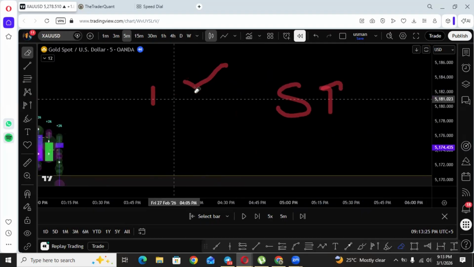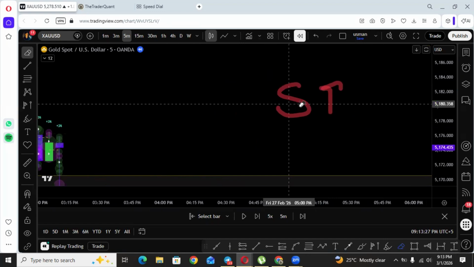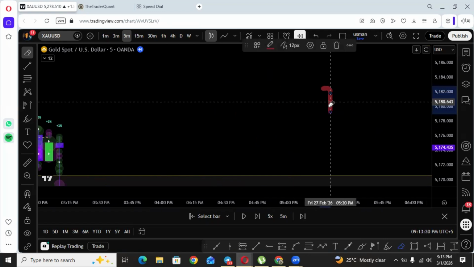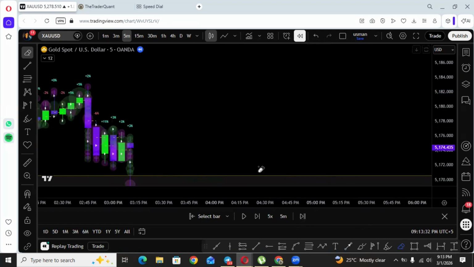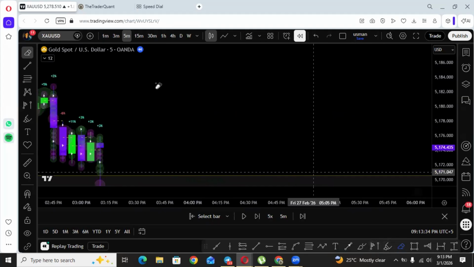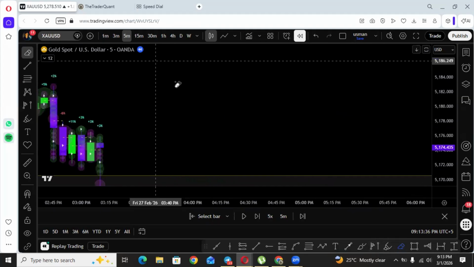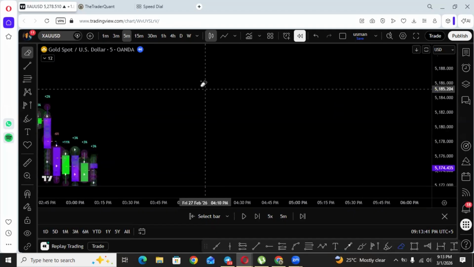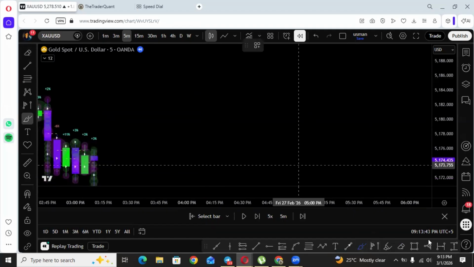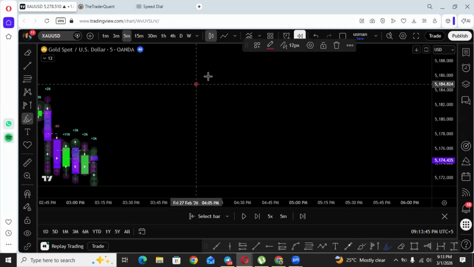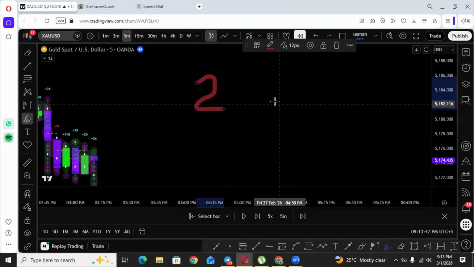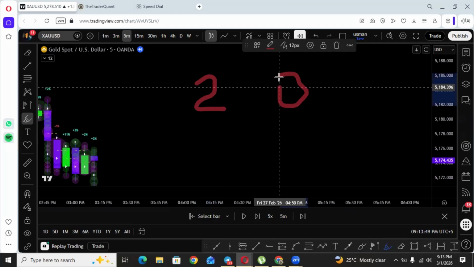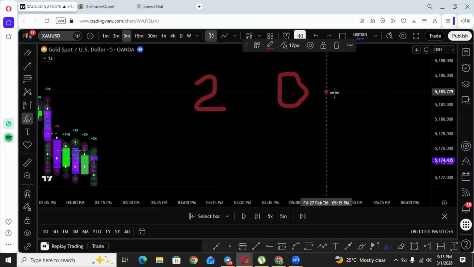So there are two types of imbalances. The imbalance can form if at a certain price level there are two buyers and zero sellers. So an imbalance will form.